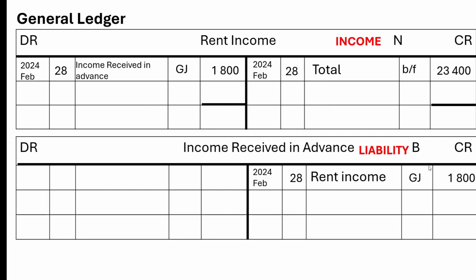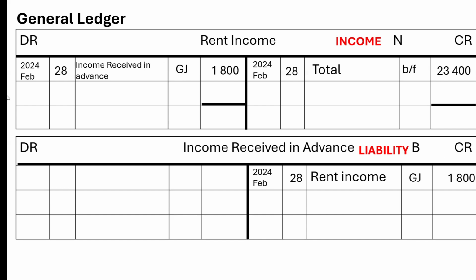And then how do we close off a nominal account? You will also learn that in your closing transfers, your final accounts chapter, which I will make a video of later. We close all nominal accounts off to profit and loss at the end of the year, not with a balance. Balance sheet accounts close off with a balance at the end of the year.